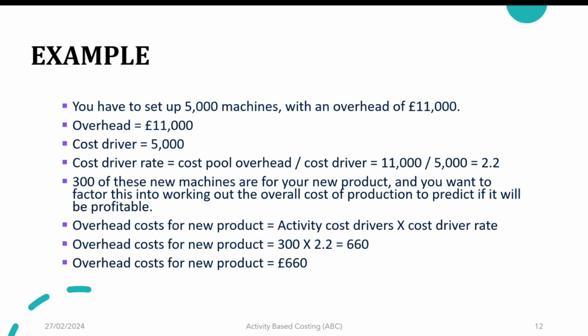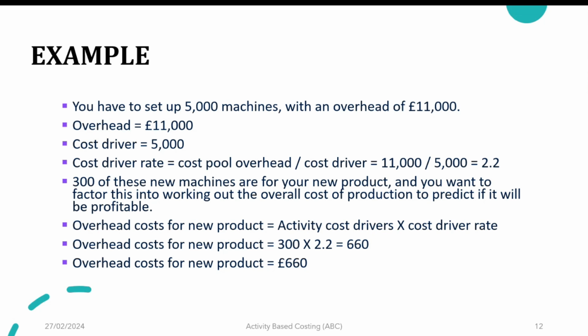So using those 6 steps, we can take a look at this first example. So I will explain this example. A factory has set up 5,000 machines with an overhead of 11,000 pounds. Then the overhead would be 11,000 pounds.